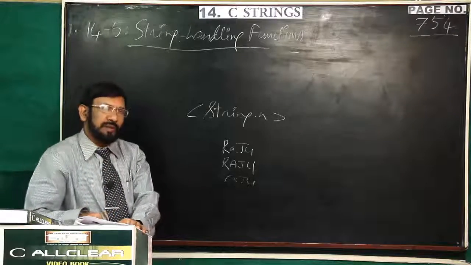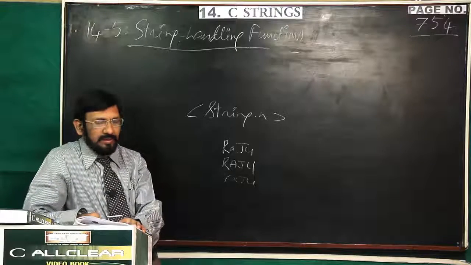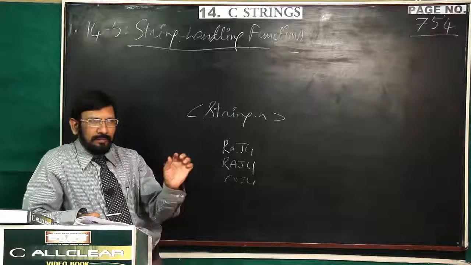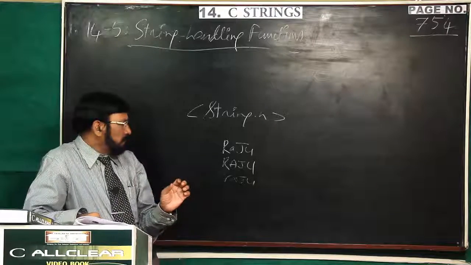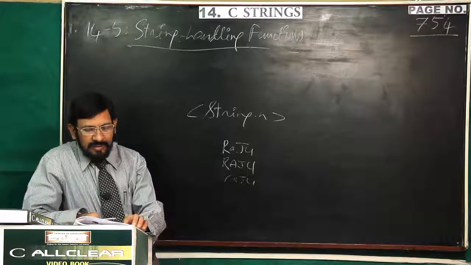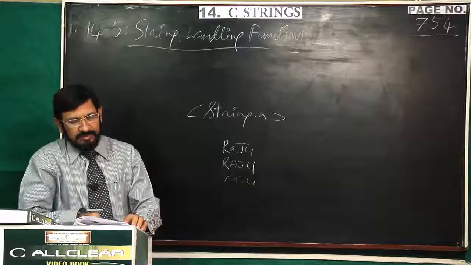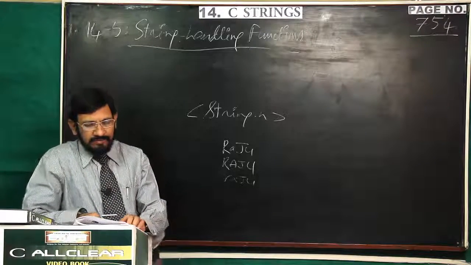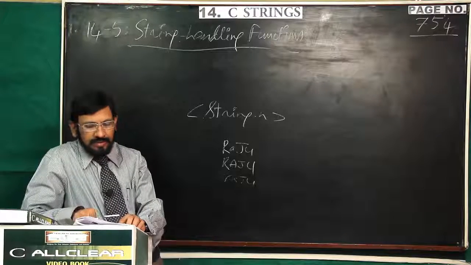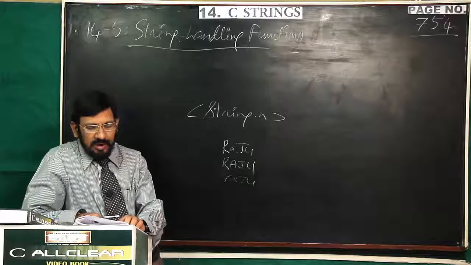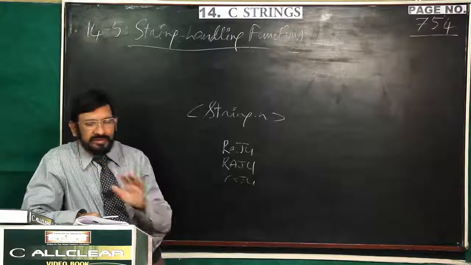It also compares two strings, but it identifies up to which character they are identical. Next, strpbrk searches for the first occurrence of a character in a string and then displays the string starting from that character.